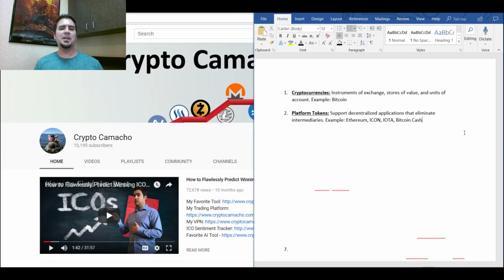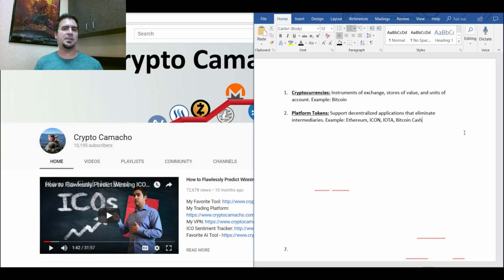The ability to enable decentralized applications by eliminating intermediary third parties and doing that on the blockchain is what really constitutes a platform token, okay? So a platform token is a platform that essentially enables the issuance of other forms of digital assets like tokens on the blockchain that's powered by the platform itself. And in this case, the platform itself would be Ethereum, okay?